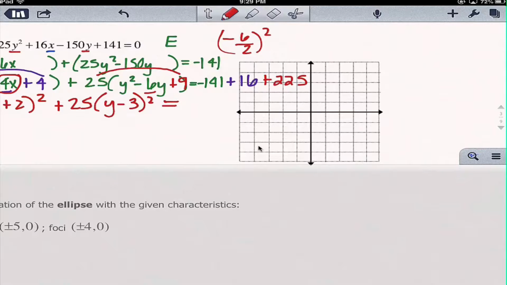Okay, here we go. So 225 plus 16 minus 141. I end up getting 100, which is a nice number.